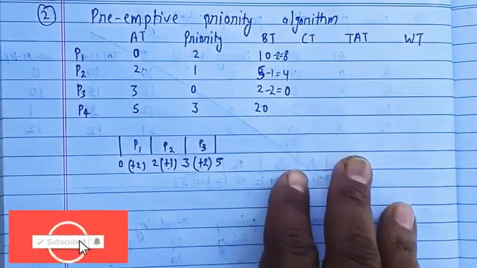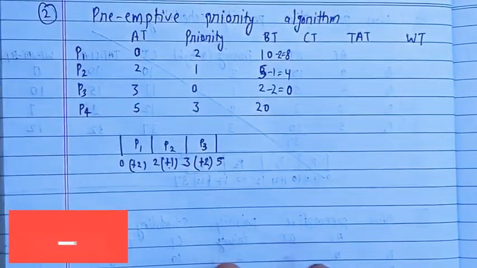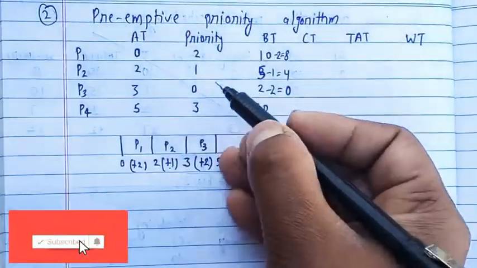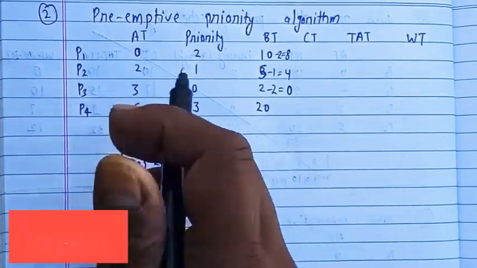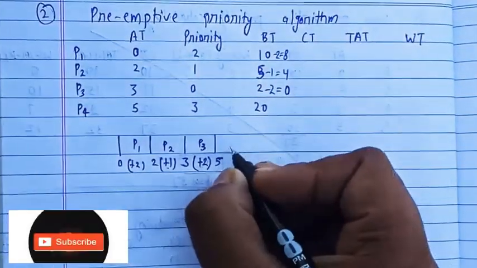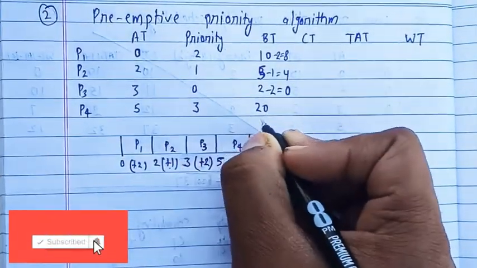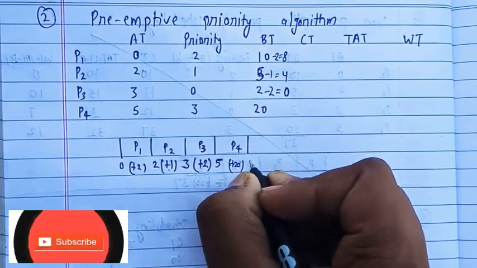Now this is the normal question, or we can say the non-preemptive priority algorithm that we discussed in the previous video. So this is now a simple non-preemptive priority question. You just have to check who has the highest priority. P4 has the highest priority, so process P4 is carried out for 20 units, so 5 plus 20 is 25.